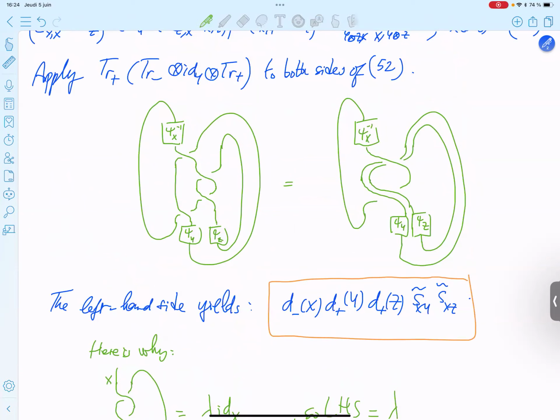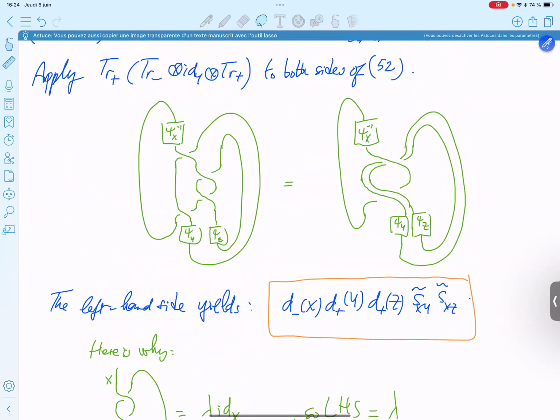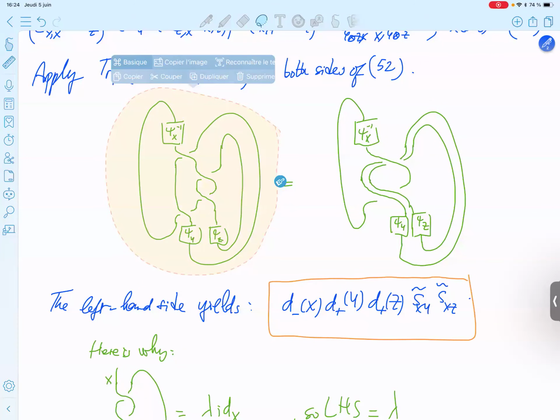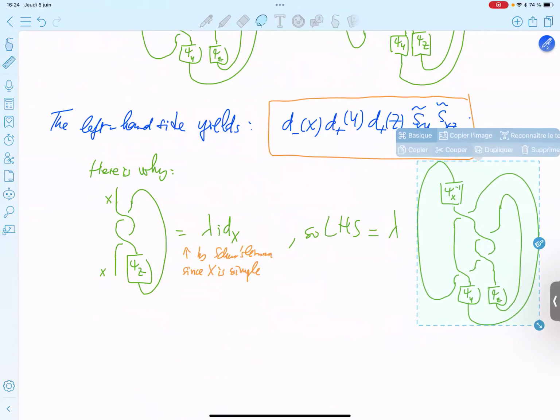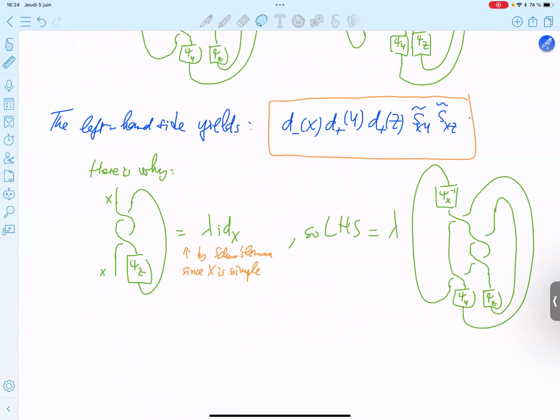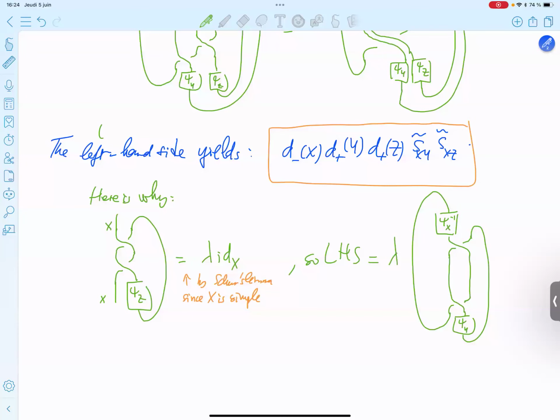Let me just copy and paste, and then remove this piece and put the identity. This I can put smaller. Okay. So the left-hand side.